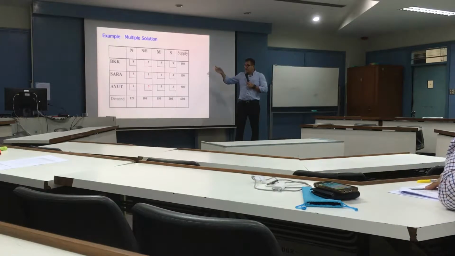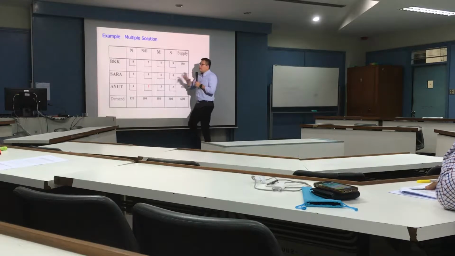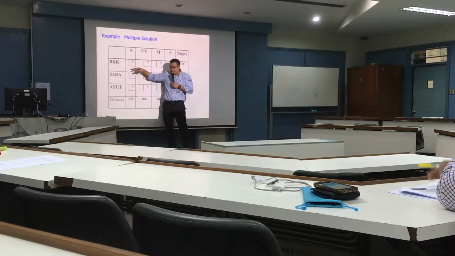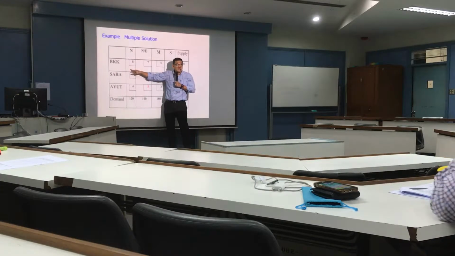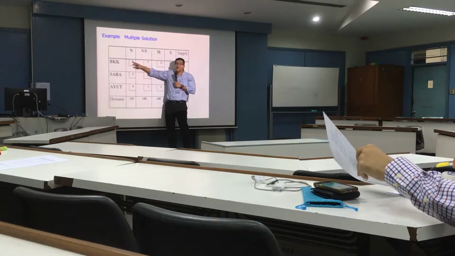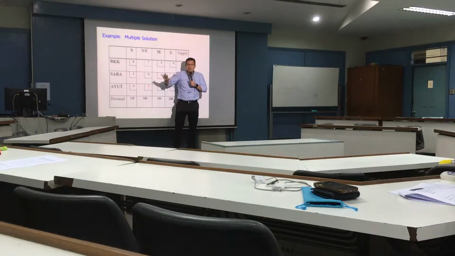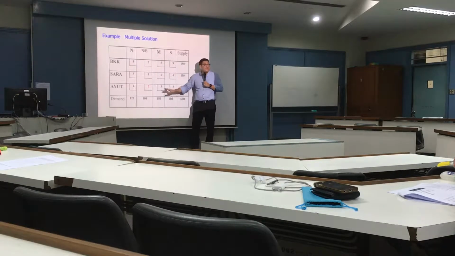We all know that the transportation problem is a minimization problem, right? So if you don't want to deliver product from Bangkok to the North warehouse, you don't want any product delivered to this cell. The first method is that you just change the unit cost here to a very big value, significant when you compare it to all of them.